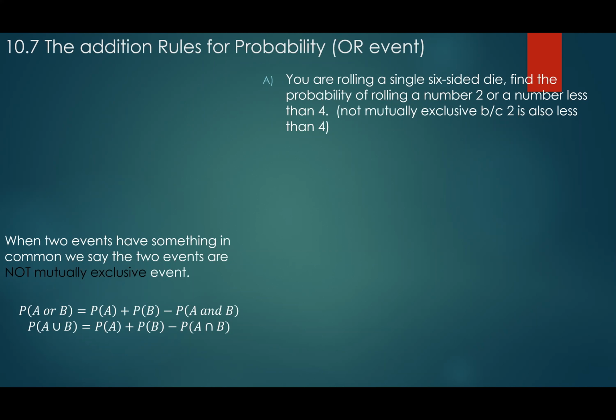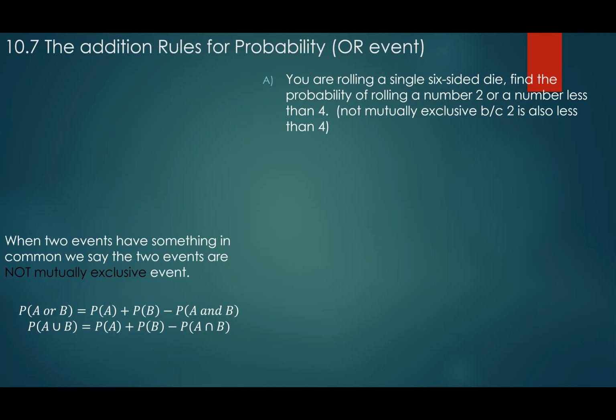Because when you roll this, the 2 criteria that you're looking for, ladies and gentlemen, can appear at the same time. What are the criteria? The criteria is you either get a number 2. If it's not number 2, you will get a number less than 4. Those are the 2 criteria, the number 2 or a number less than 4.